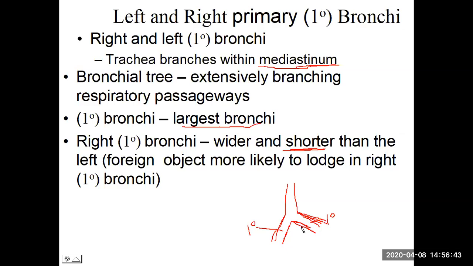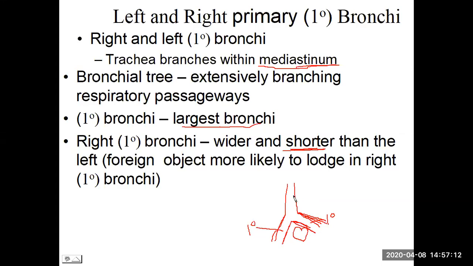The reason is our heart is not directly in the center of our chest, but just slightly askew to the left. To accommodate the shape of the heart, that left primary bronchus is at a wider angle, a more narrow tube, and much longer. So really the opposite of that description for the right side.